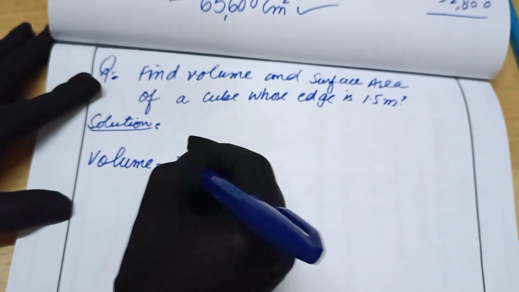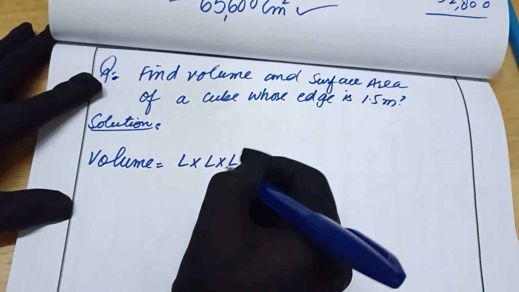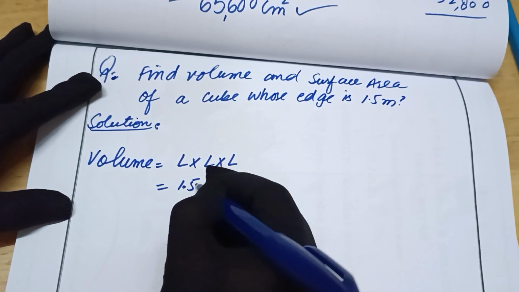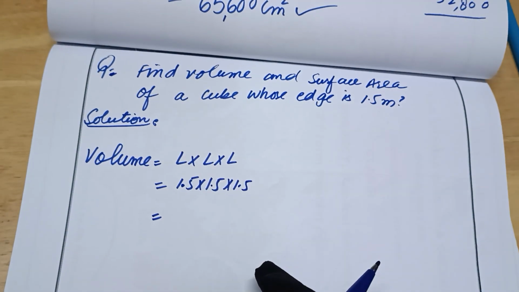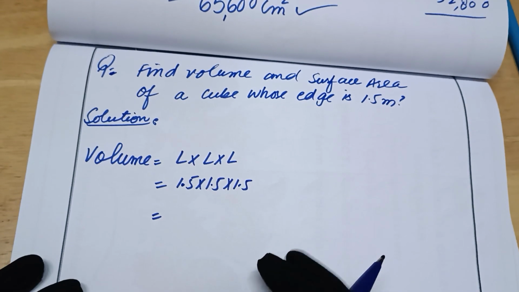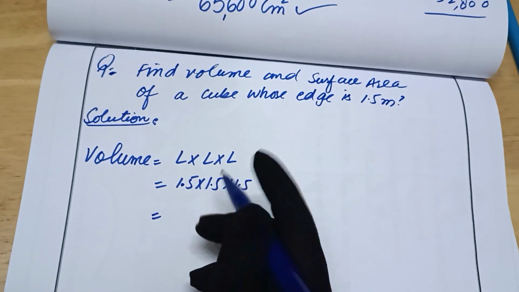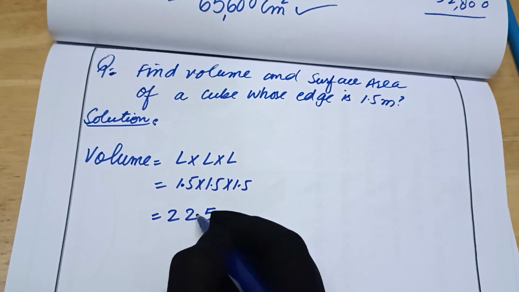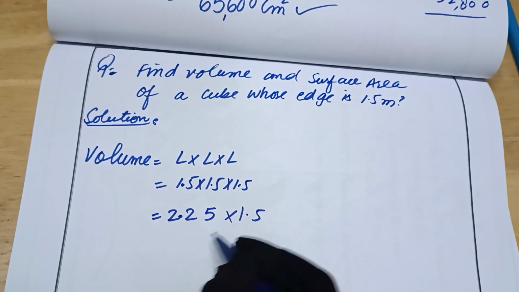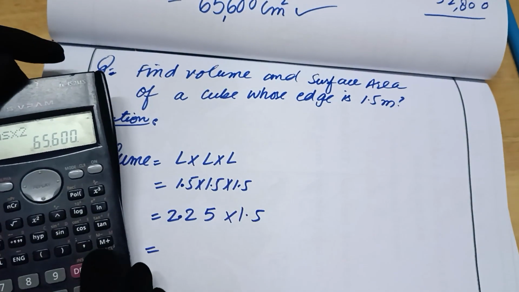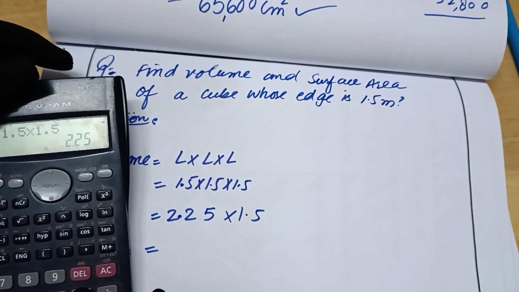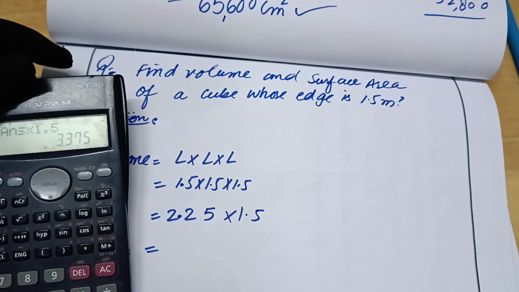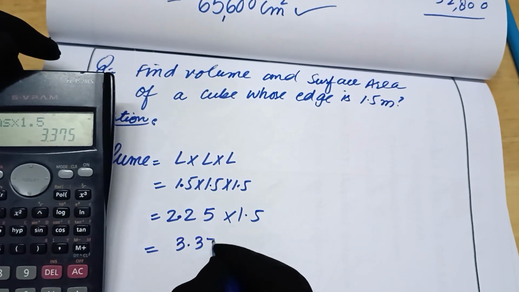You know that the volume of the cube, as a cube has all lengths the same, is length multiply length multiply length. So 1.5 into 1.5 into 1.5. We can calculate with the calculator also, and normally also. 1.5 multiply 1.5 is 2.25, then multiply by 1.5 again, and this gives 3.375.